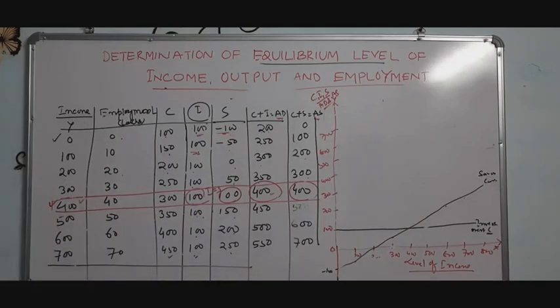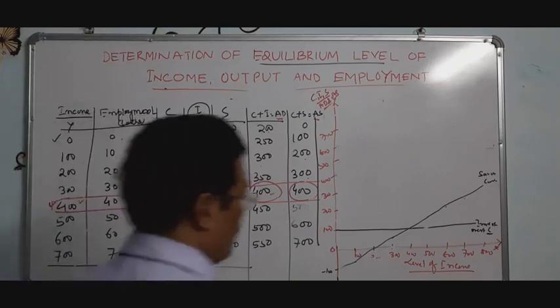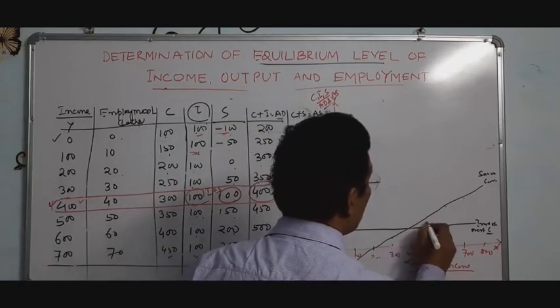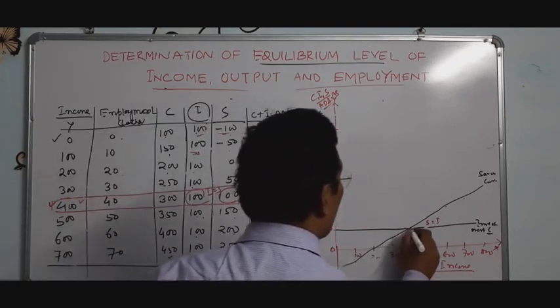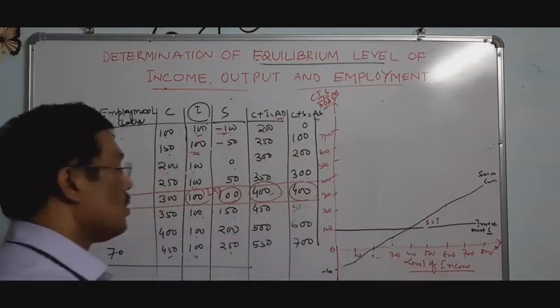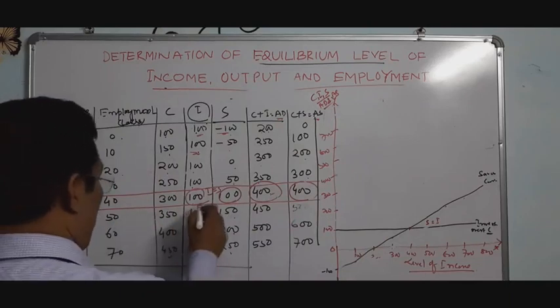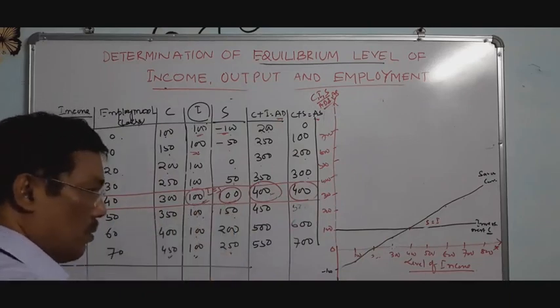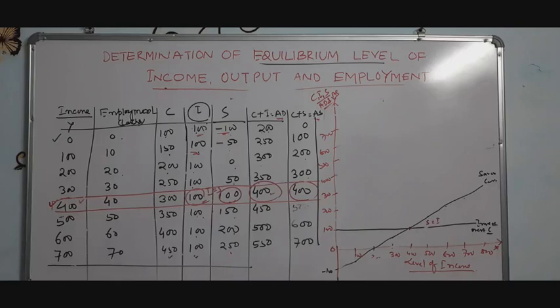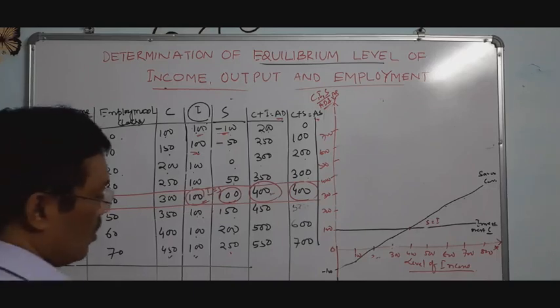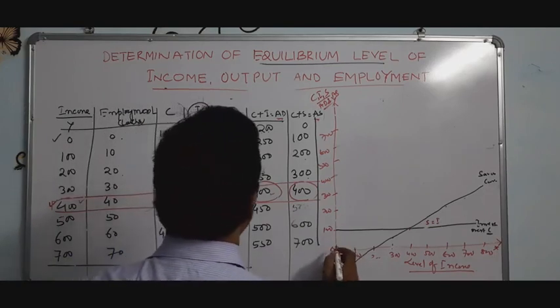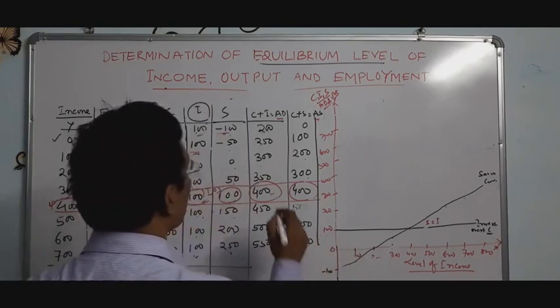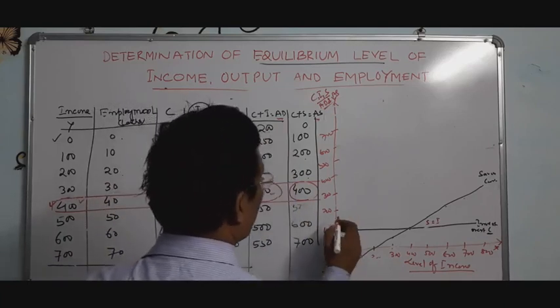So in this diagram, at the 400 level of income, the saving curve meets investment at E. At 400 level of income, saving equals investment, or investment equals saving. Now I will draw the aggregate demand curve. At 0 level of income, aggregate demand is 200.